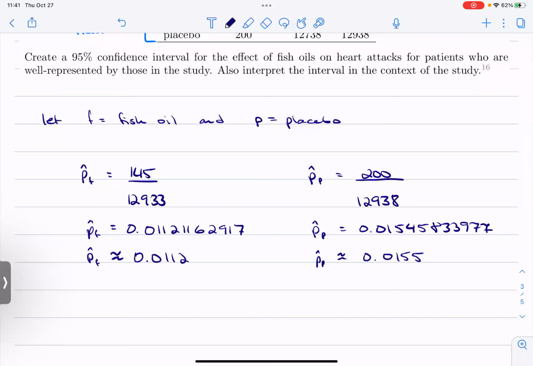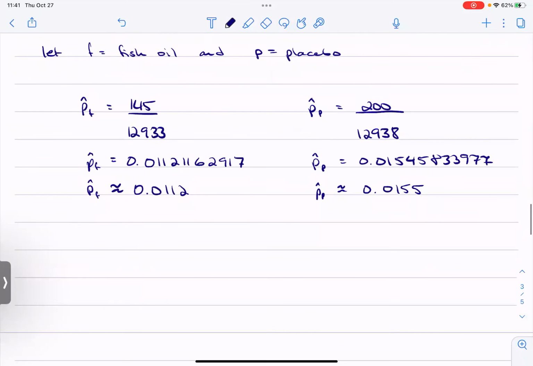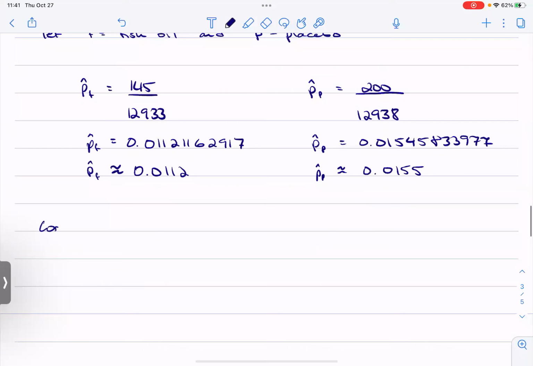I'm going to check the conditions before I go any further. So the first condition is still independence.